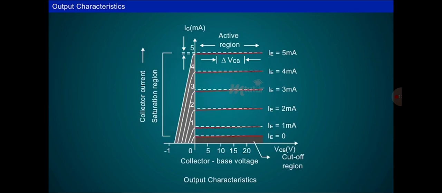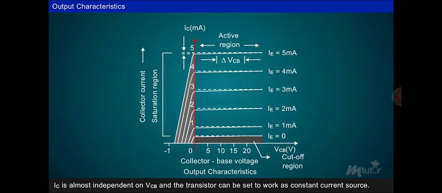In the active region, the collector current is essentially almost constant and the graph is almost parallel to the x-axis. The collector current IC is almost independent of collector base voltage VCB and the transistor can be set to work as a constant current source. This provides very high dynamic output resistance.